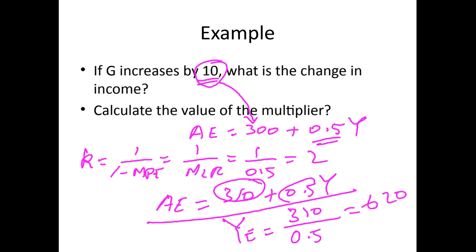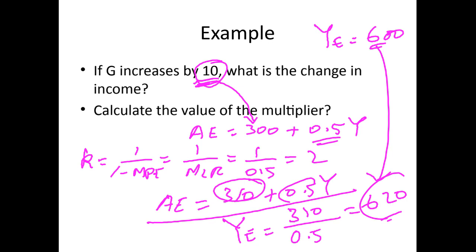Now notice, before the increase in government expenditure, equilibrium income was 600. With the increase in G by 10 million, the GDP increases from 600 billion to 620 billion, not 610 billion. It means we have a multiplier effect.